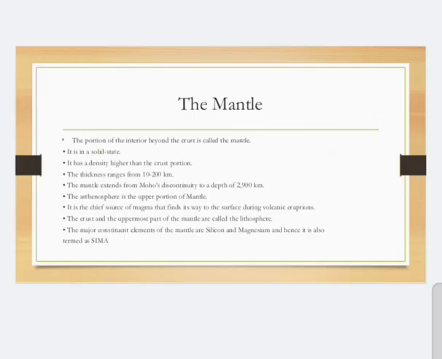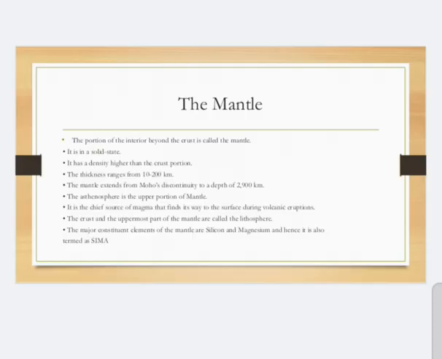And next is the mantle. The portion of the interior beneath the crust is called the mantle. It is in the solid state and has a density higher than the crust. The thickness ranges from 10 to 200 kilometers. The mantle extends from the Moho discontinuity to a depth of 2900 kilometers.